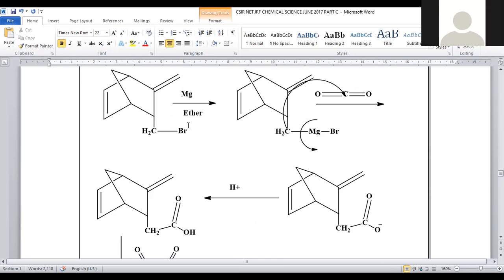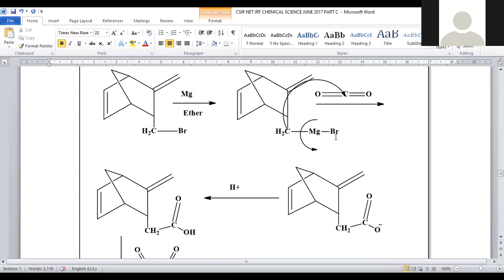So this CH2Br will be inserted with magnesium, giving CH2MgBr, which is regarded as a Grignard reagent. By this magnesium insertion, this entire group will become R, and magnesium bromide will be there.